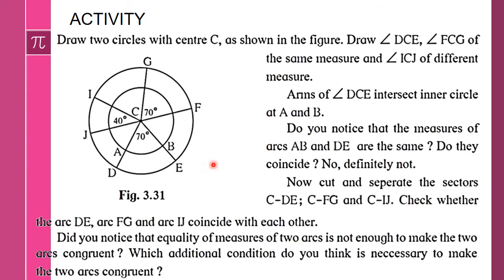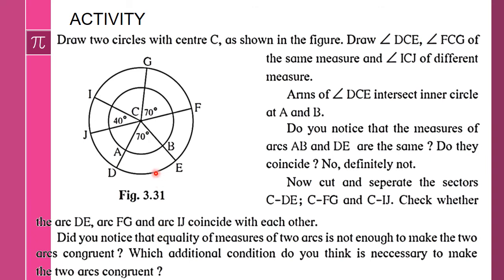Okay, now cut and separate the sectors CDE, CFG and CIJ. That means CDE, this particular sector, then CFG, this full sector, and CIJ. Check whether the arc DE, arc FG and arc IJ coincide with each other.